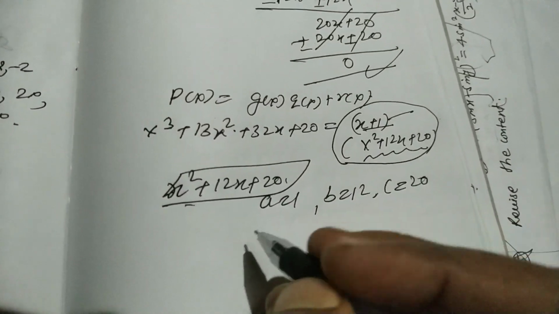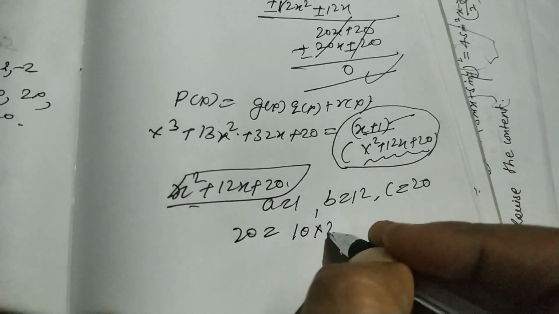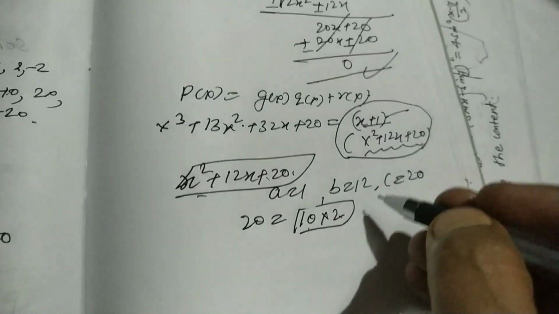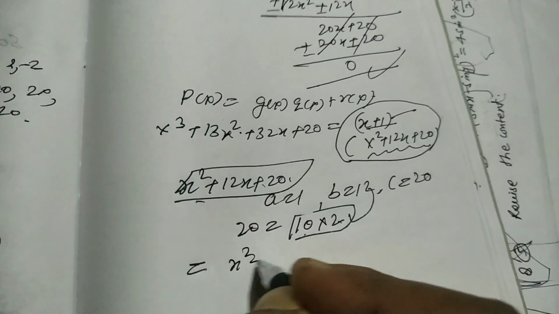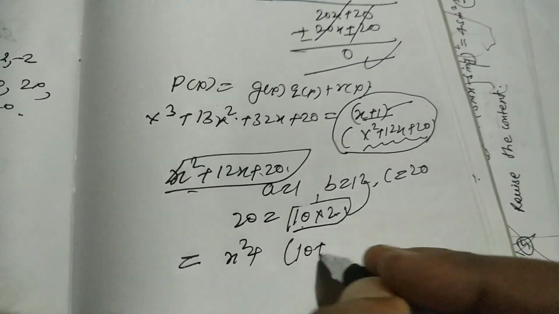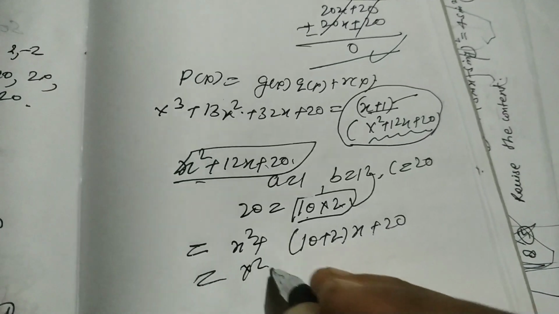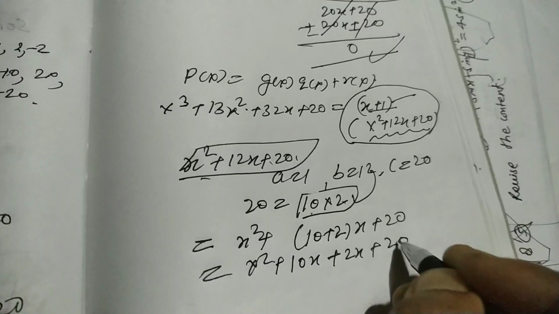Write down the factors of 20: 10 into 2 is 20, and 10 plus 2 is 12. So x square plus 12x plus 20 equals x square plus 10x plus 2x plus 20.